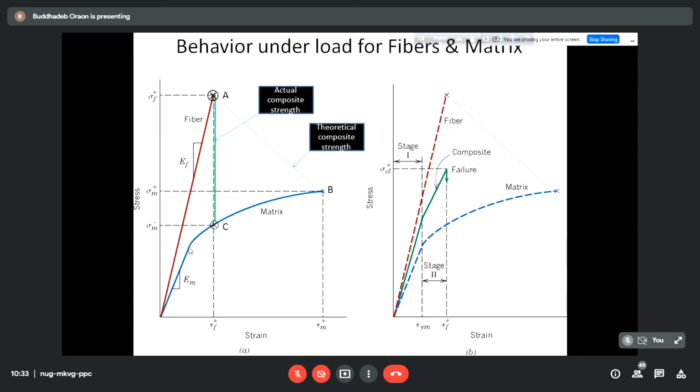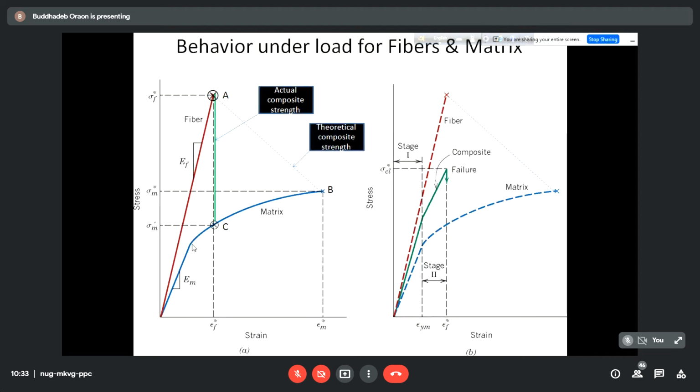The matrix stress strain diagram is to some extent linear at low stress. But after some time the soft matrix starts yielding. The point where this linear portion becomes non-linear is the point of yielding. You can say this is the yield stress.